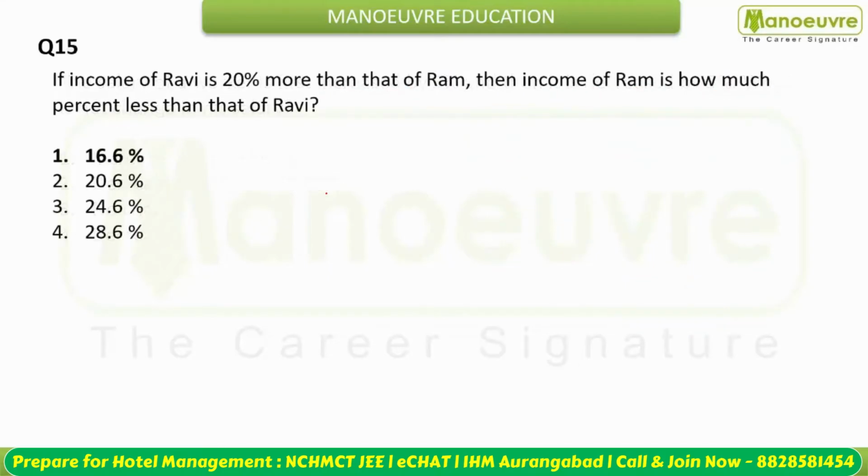0.25%. Next, if the income of Ravi is 20% more than that of Ram, then the income of Ram is how much percent less than that of Ravi? If you know the fractional formula, you can directly hit the question. Ravi's income is 20% more than Ram's. The fraction of 20% is 1 by 5.